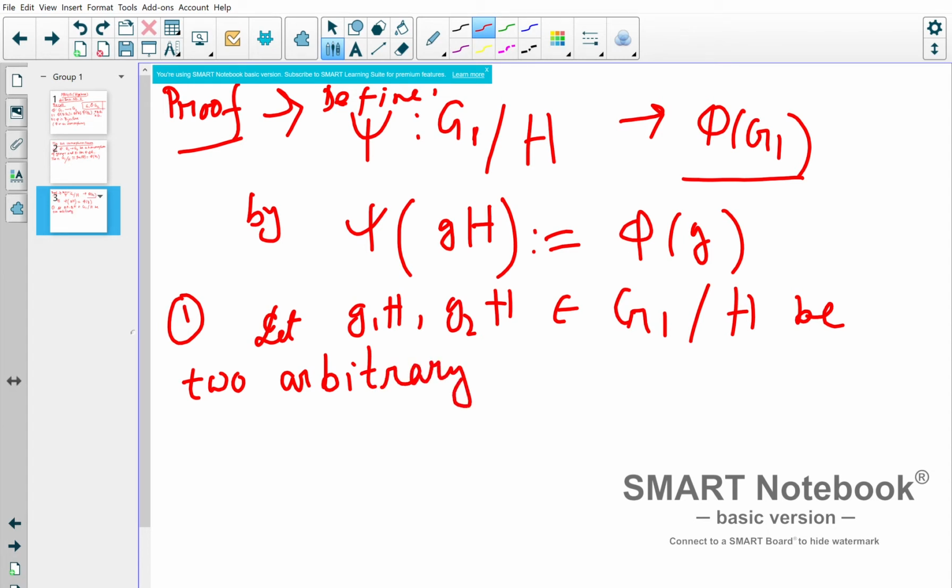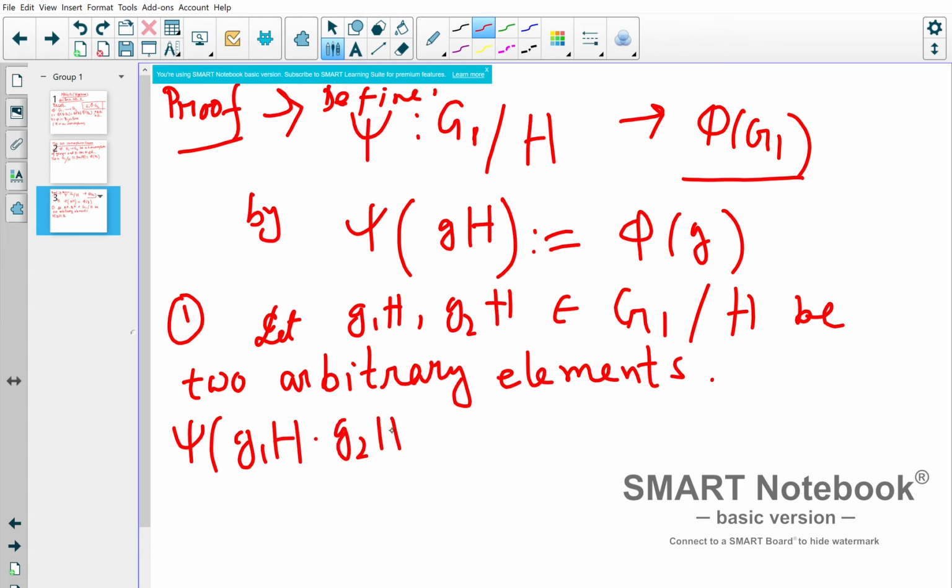Now you need to check psi of G1H dot G2H.